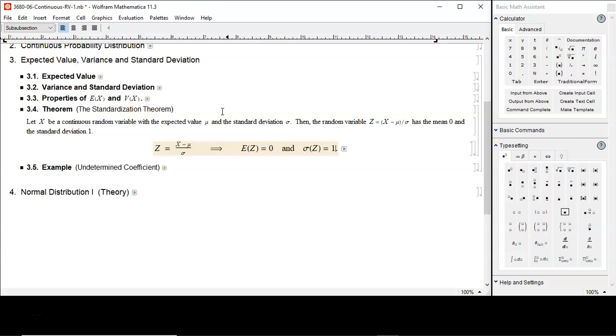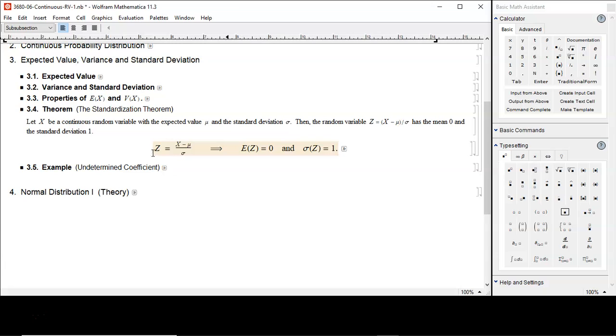The random variable obtained by this computation is rather special in the sense that the expected value is 0 and the variance is 1, so the standard deviation is square root of 1, so it's also 1. So expected value 0, standard deviation 1, and you obtain that through appropriate scaling.